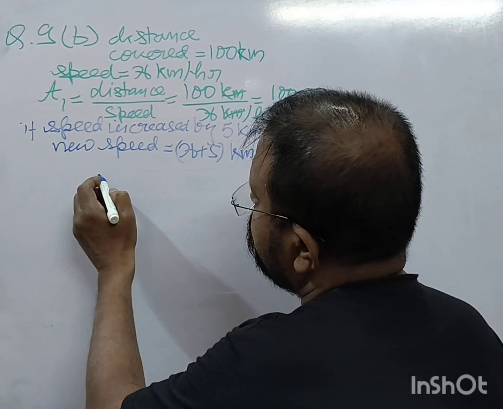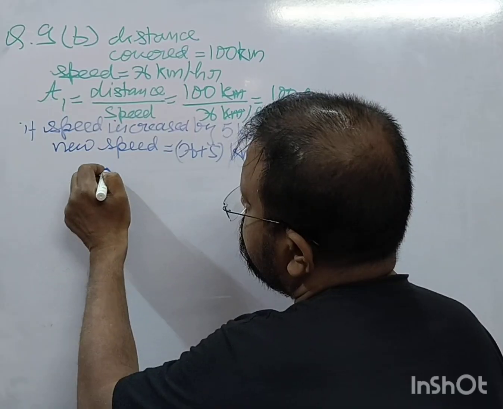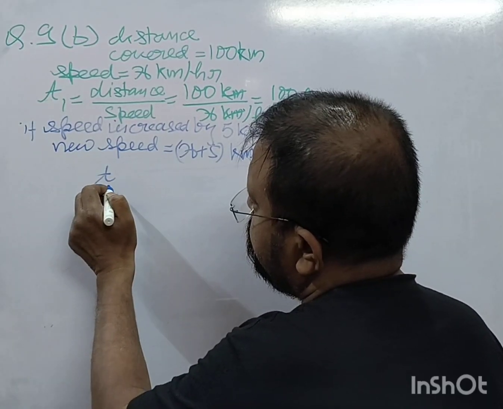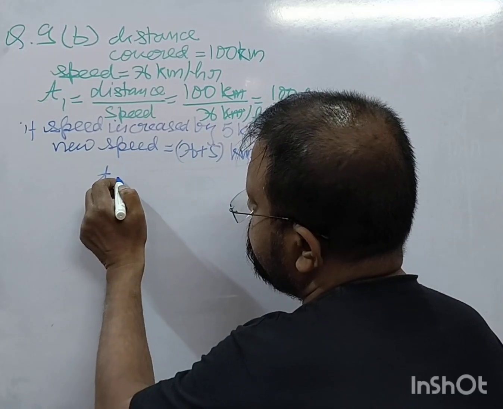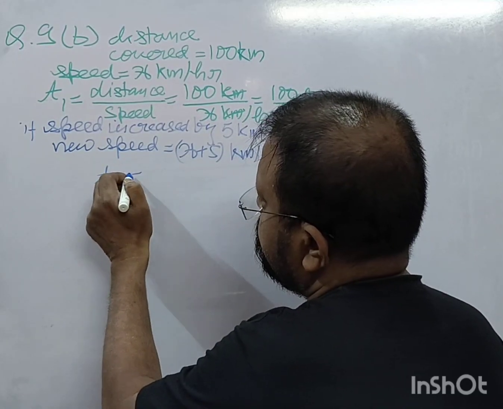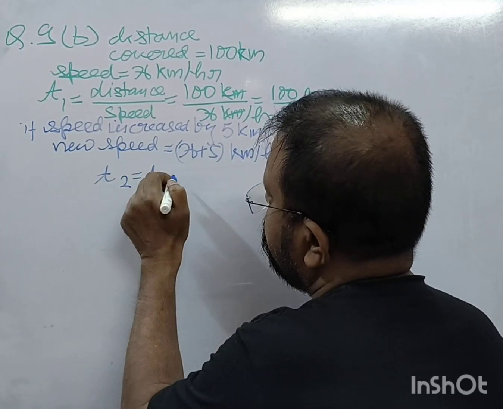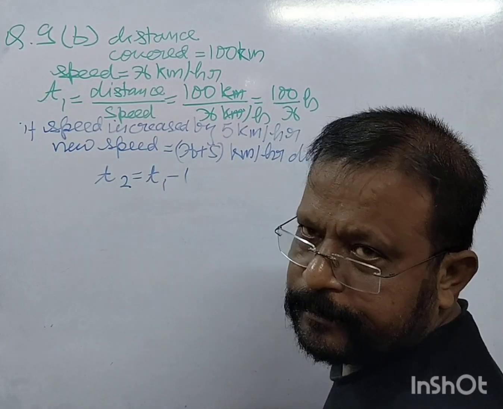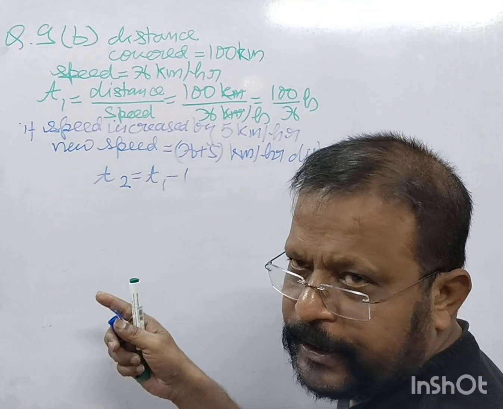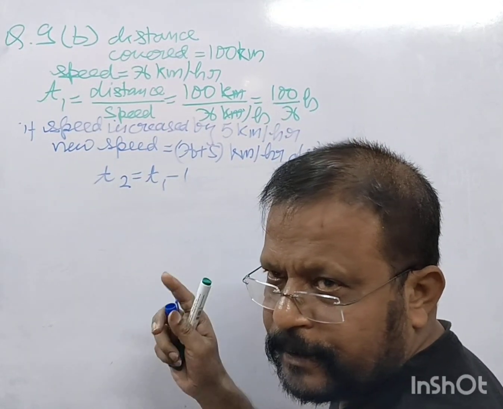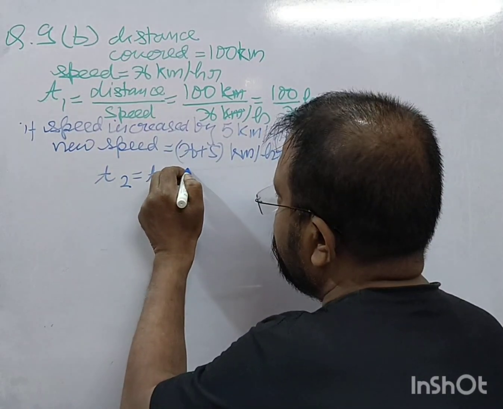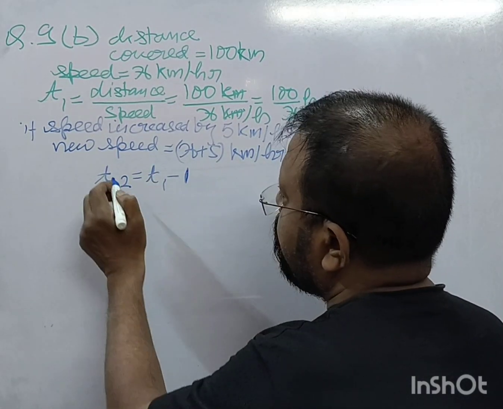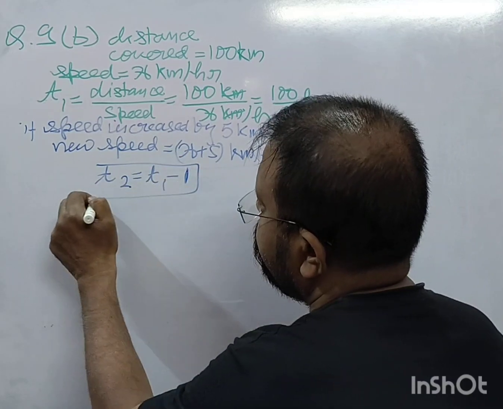T2 is T1 minus 1 hour. Obviously, 1 hour less it is taking.